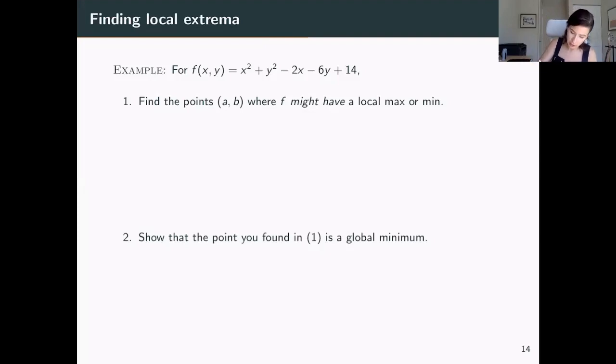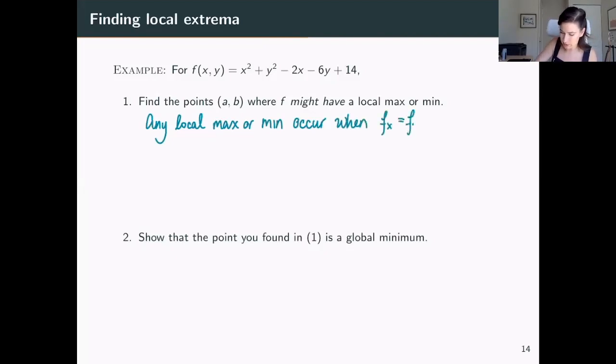So again, here, any local max or min occur when we have that f sub x equals f sub y equals 0. So we need to set up a system of equations in order to do this.